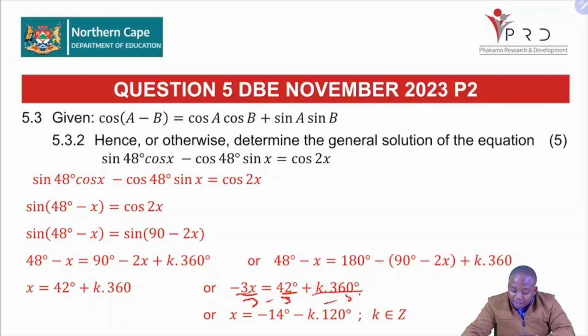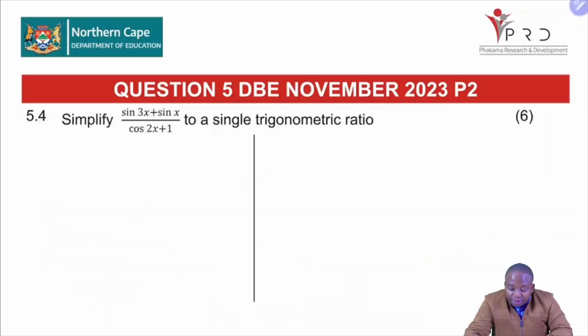Then our x is equal to 42 divided by negative 3, which is negative 14, minus, where we are having 360 divided by negative 3, it gives us 120k. So we produce that restriction right there.